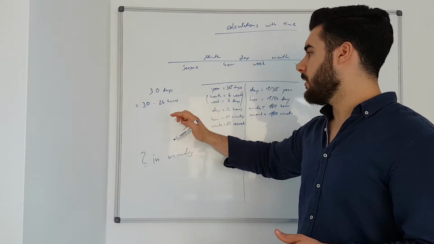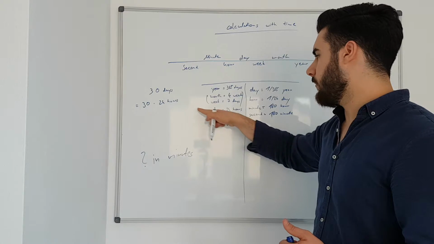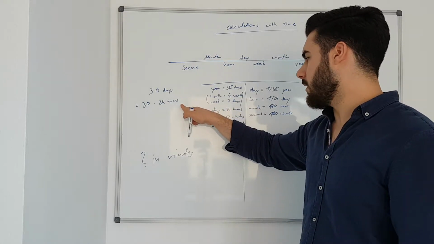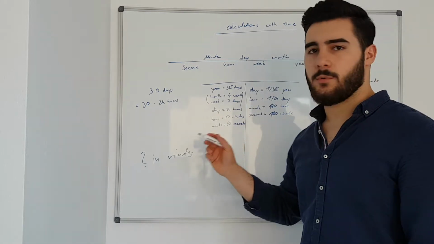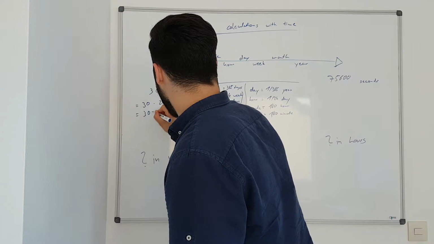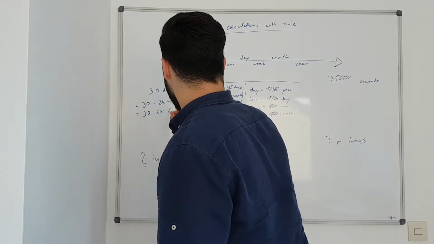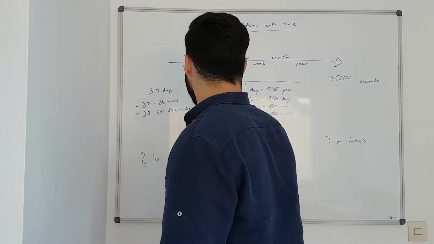From this step on, we could leave it like that if we wanted to calculate in hours. However, we want it in minutes. So we go a step further and say 30 times 24 times 60 minutes.